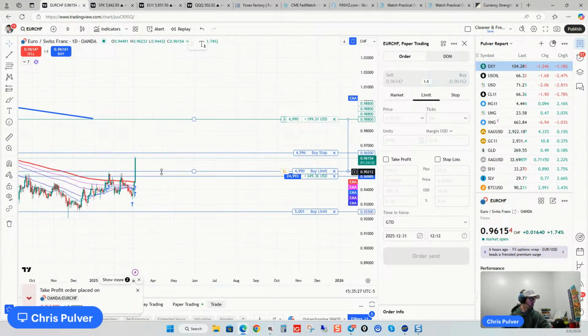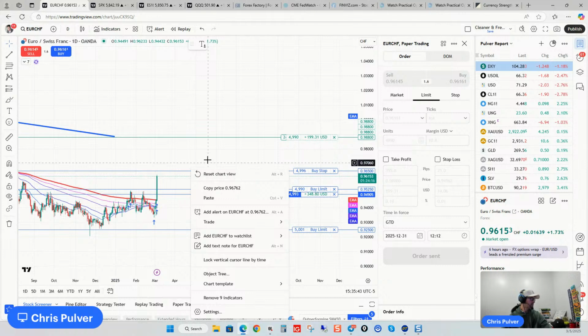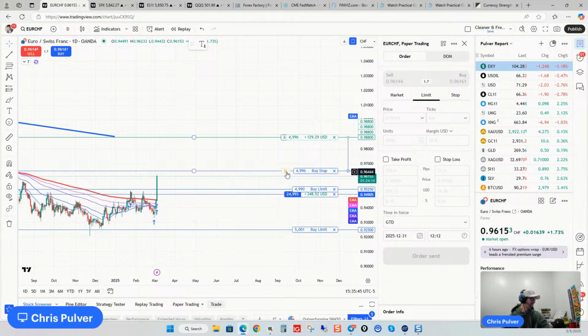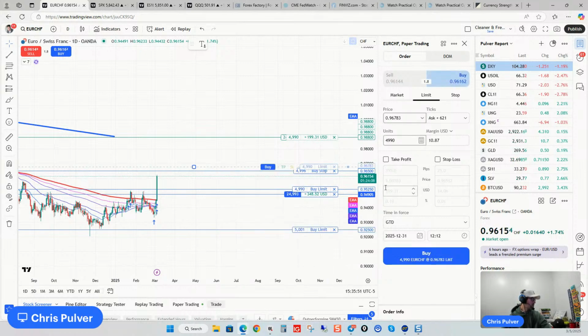Let me see if I can add another one. I like this. Maybe it has to pull back towards like 0.9550. I might not get this thing to pull back. I've got a buy stop here, which is fine at 0.9650. Let me put in a buy stop at 0.9700 as well. I'm going to do 2 more buy stops. So buy stop 0.9675, I'll go 4995 units.